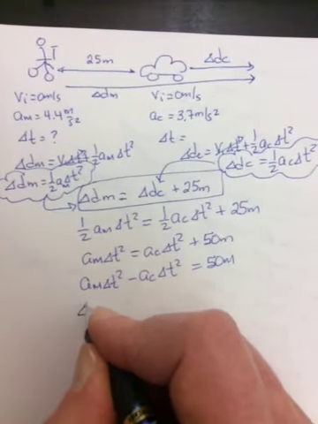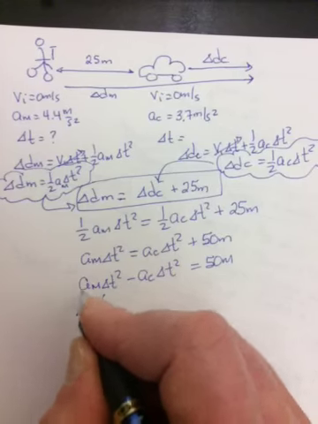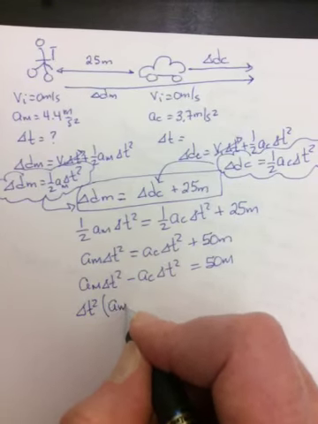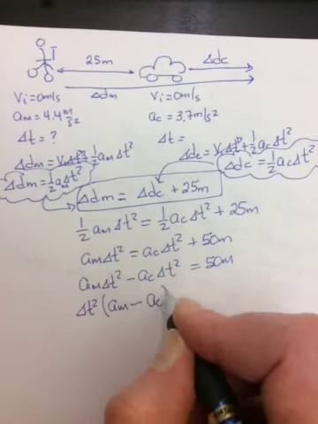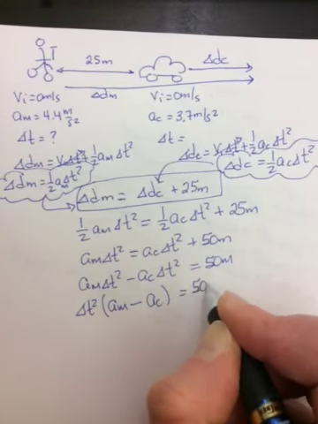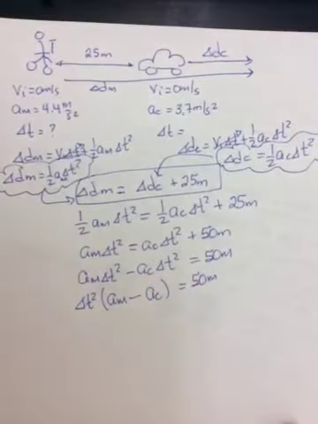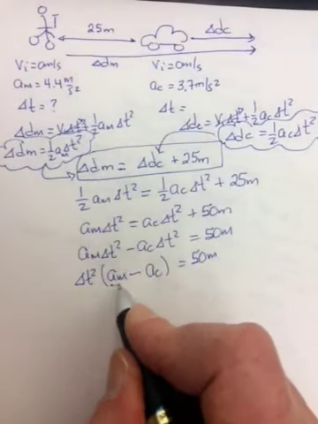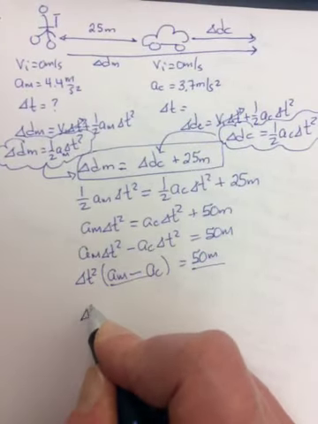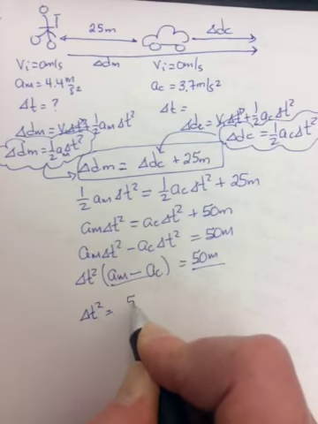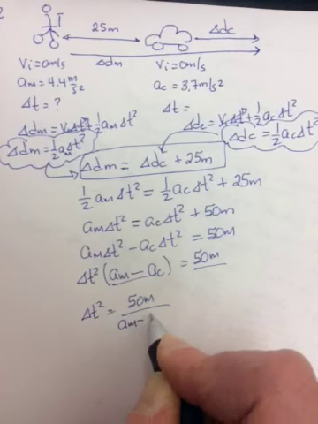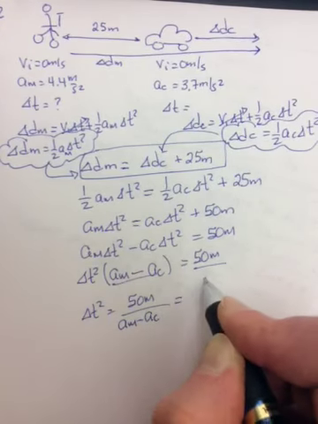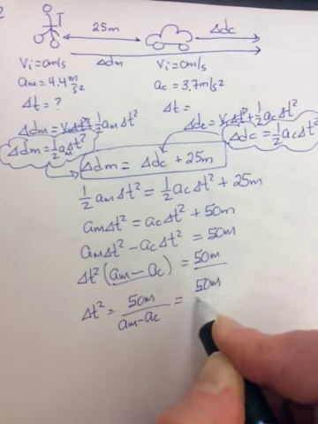Pull the t squared out, and we'll be left with a of the motorcycle minus a of the car equal to 50 meters. Divide both sides by the bracket, so t squared is equal to 50 meters over a of the motorcycle minus a of the car.